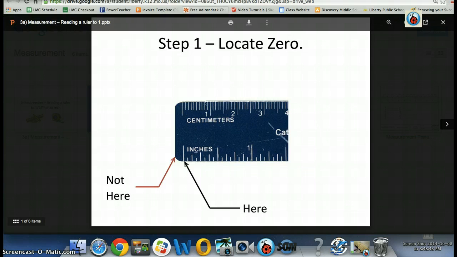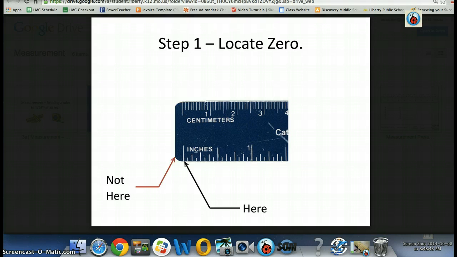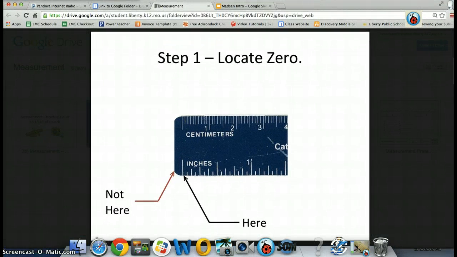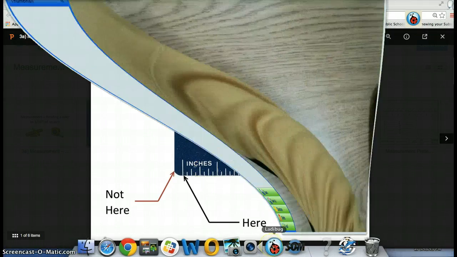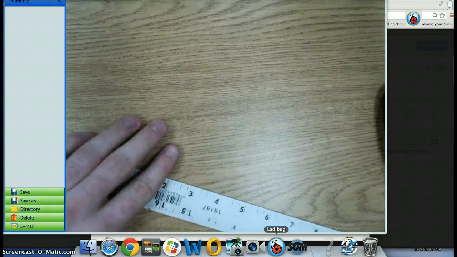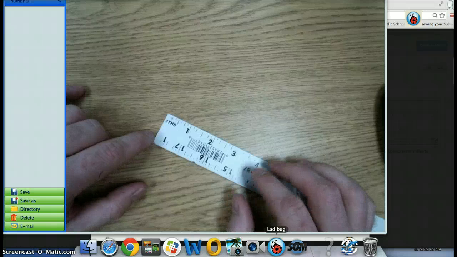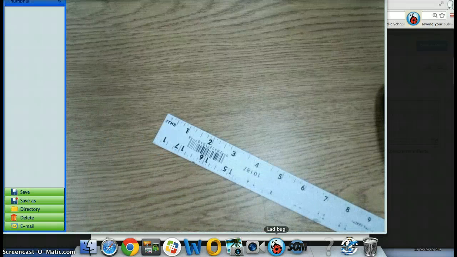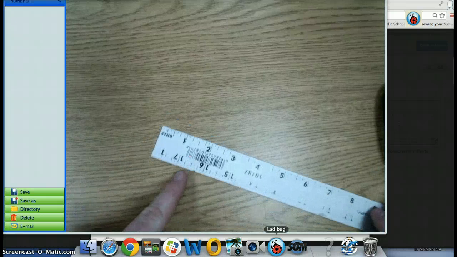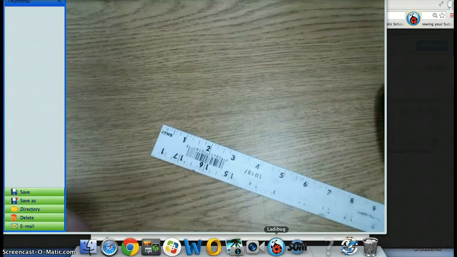So let's look at a few different rulers here. This is a pretty worn out ruler, but on that one, 0 is just my edge because there's nothing telling me otherwise.